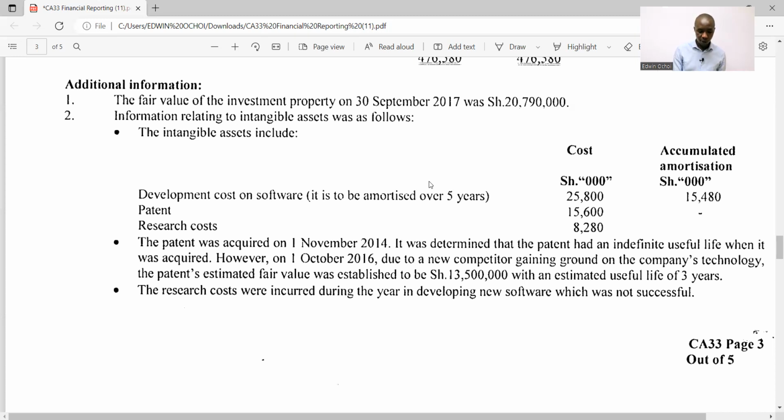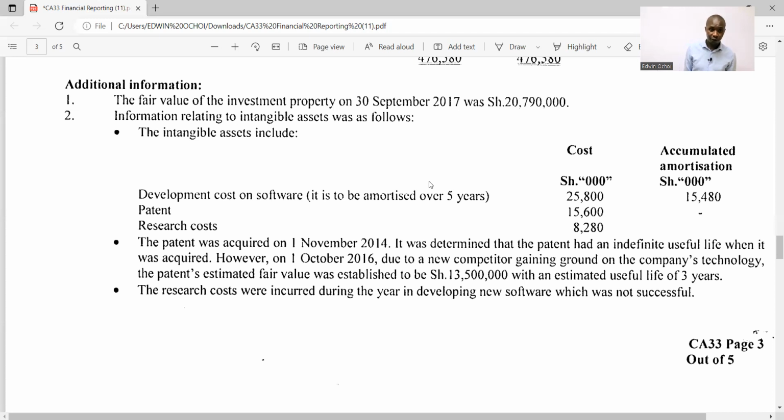When measuring investment property, you can use the cost model or the fair value model. You can be asked about that. How do you measure investment property? Under the cost model, investment property is measured at cost less accumulated depreciation.